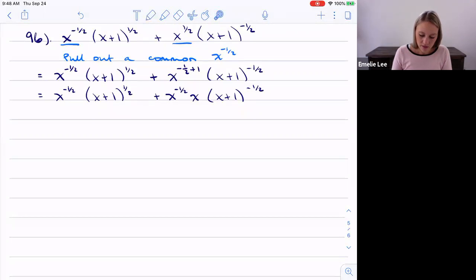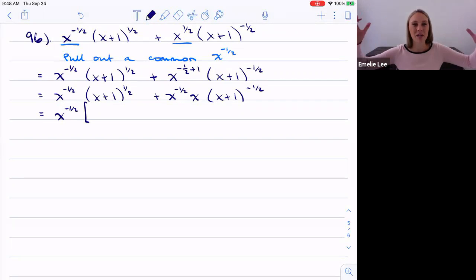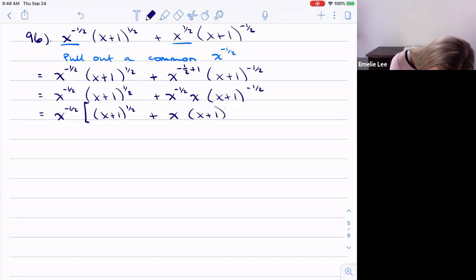So now I've got the x to the negative 1/2 in both terms, and I'll be able to pull that out. Just to emphasize it, I'm going to put square brackets. You can use round brackets too if you want, but I like square brackets if there's a lot on the inside, so I don't forget to expand it later. So then I've got x to the negative 1/2 times [x plus 1 to the 1/2 plus x times x plus 1 to the negative 1/2].